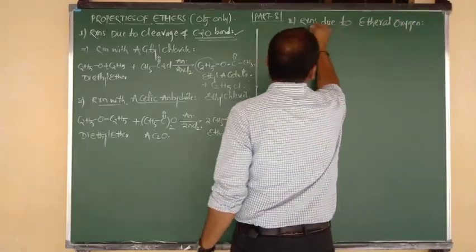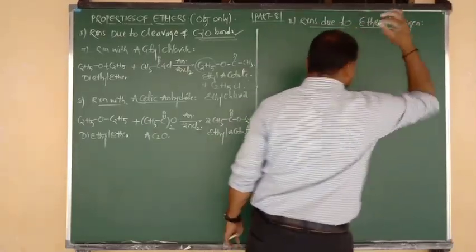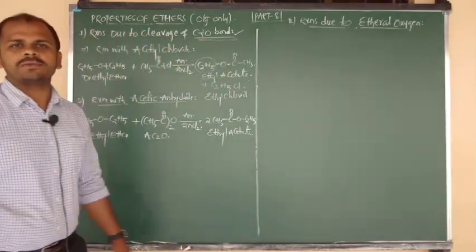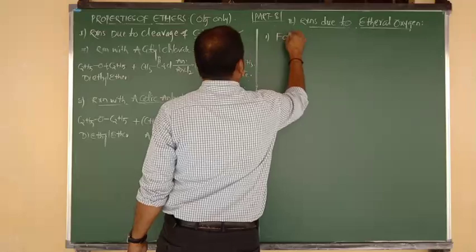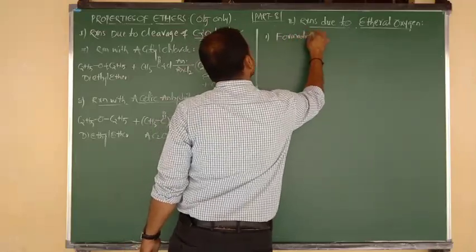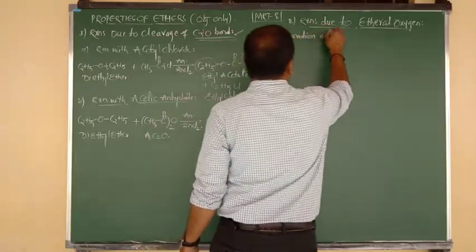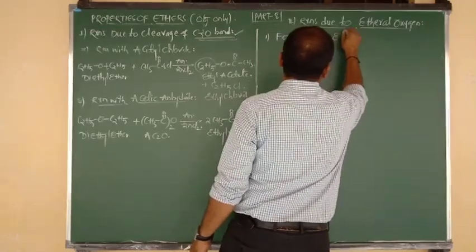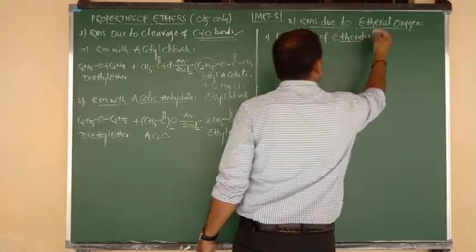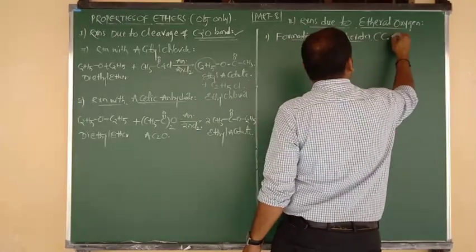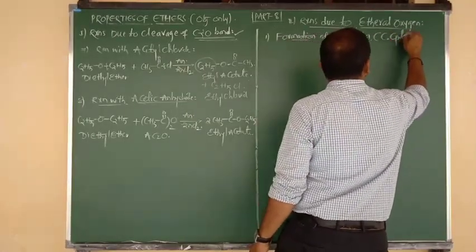So the oxygen which is present in ether, how it is responsible to show various types of properties. In that, number 1, formation of etherates, and also we can say formation of coordination complex.